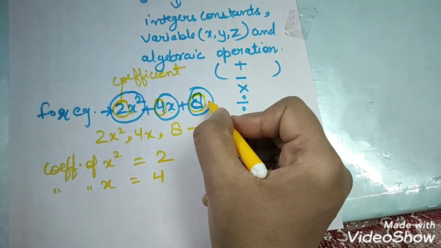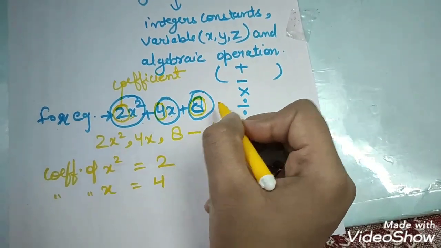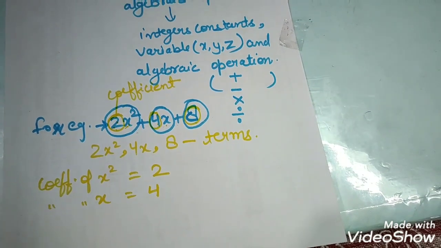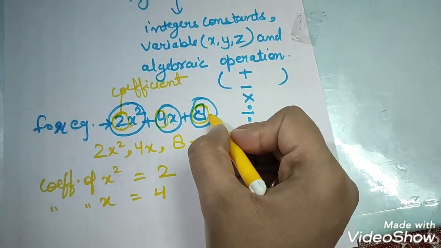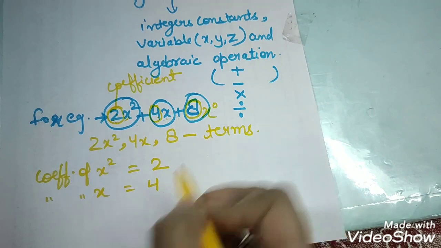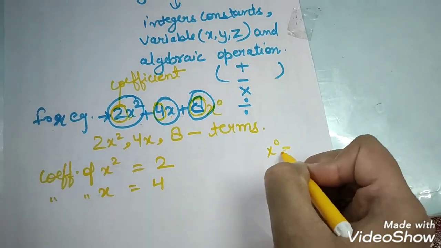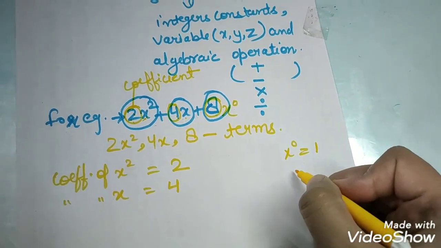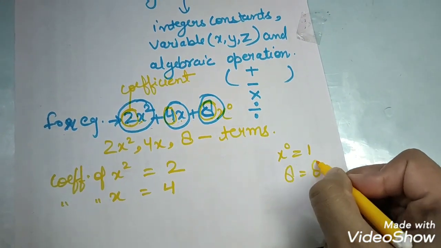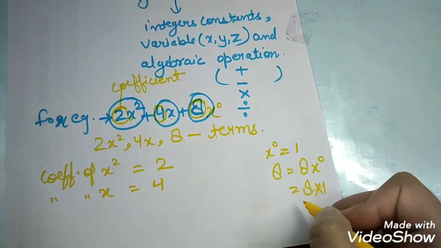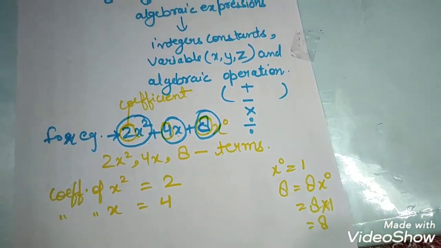Similarly, look here, at first it seems that there is no variable here, so why are we writing it as a coefficient? But look here, we can write x to the power 0. What is x to the power 0? It is basically 1. So 8 can be written as 8x to the power 0, which is actually the number itself.